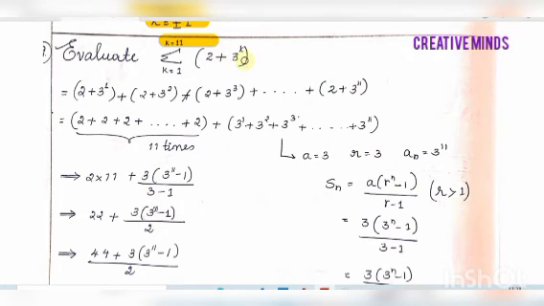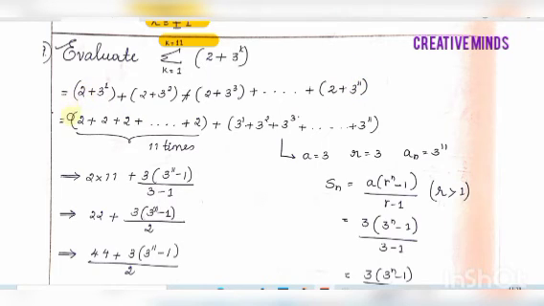Let's separate each term: 2 plus 3 to the power of 1, plus 2 plus 3 to the power of 2, plus 2 plus 3 to the power of 3, plus 2 plus 3 to the power of 4, and so on up to 2 plus 3 to the power of 11.